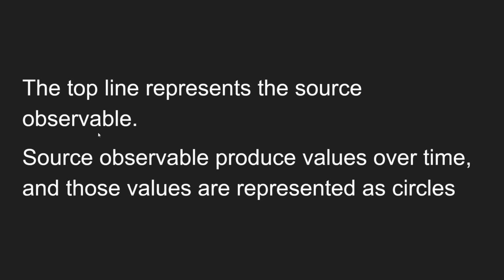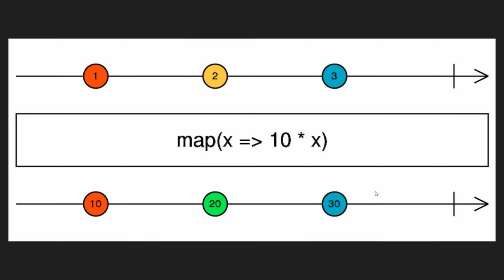The source observable produces values over time, and those values are represented as circles. These circles are marbles. Here we have 1, 2, 3, in different colors, right? So the top arrow is nothing but the source observable, and the circles you see, 1, 2, 3, are the values emitted by the source observable.